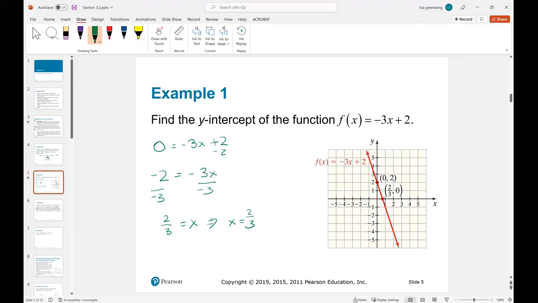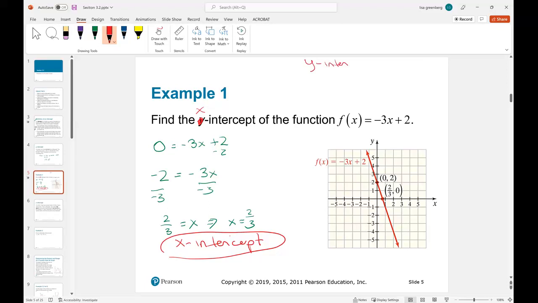That was completely my mistake. That's the x-axis. I set y equal to 0, and I get the x-intercept. So again, my apologies. So this is the x-intercept. How do I find the y-intercept?